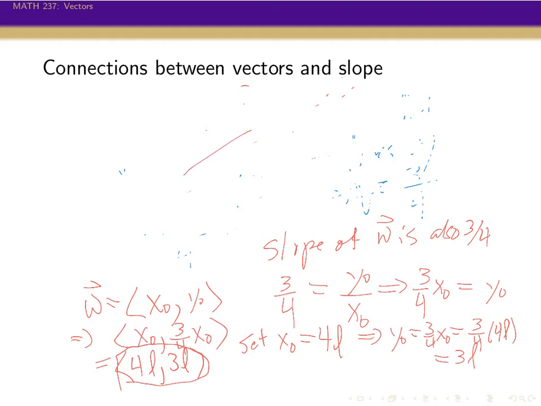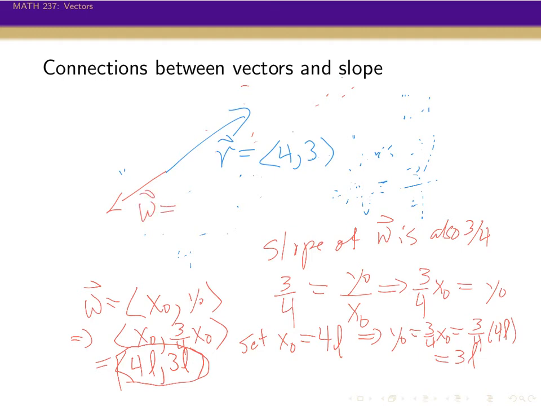So we had this v, let's use blue for v again. Let's say we had v going off in this direction, and it's still 4, 3, but now we have w going in that direction along the same line.